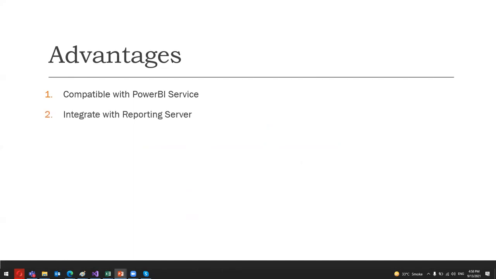Also, an on-premises report server is preferred by many organizations from the security point of view. Organizations find it safer to host important reports on a secure on-premises solution rather than on the cloud.